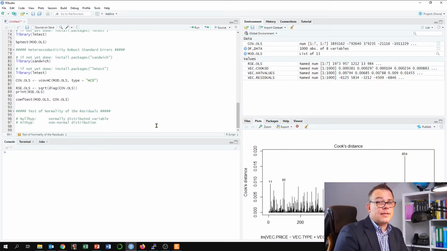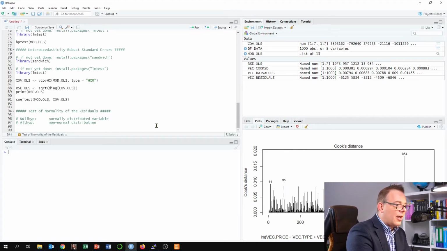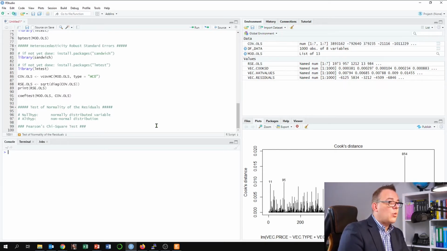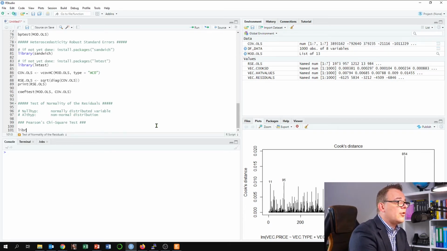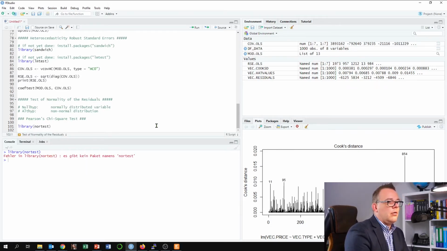The very first test, maybe every one of us already had that in introductory courses, is the chi-square test. That's Pearson's chi-square test. Well, to do that, we need a package again, and that's the nortest package. I can start that package. Oh, no, it's not installed. Okay, let's install it.